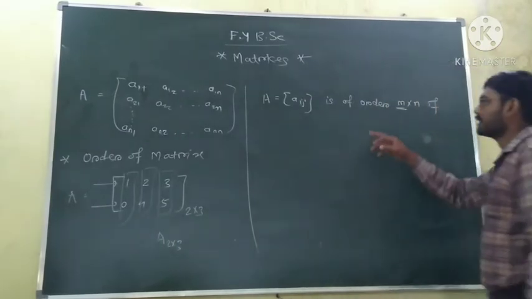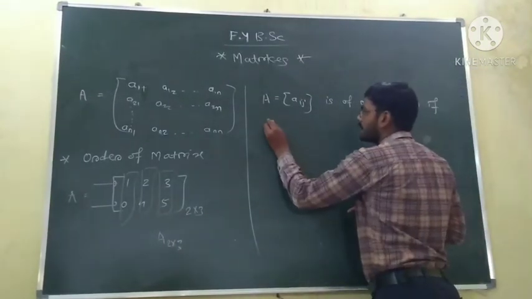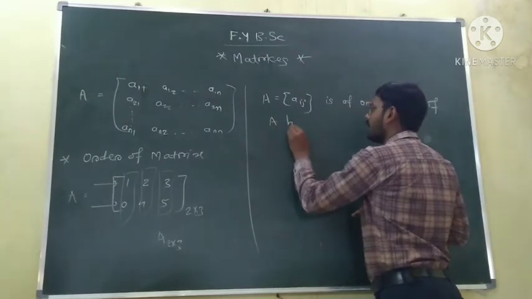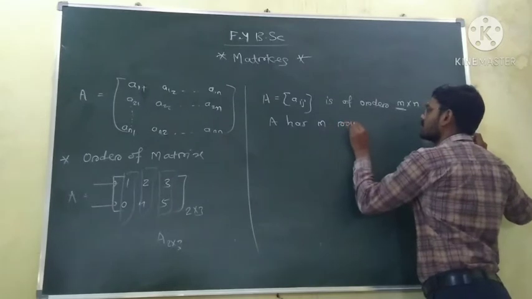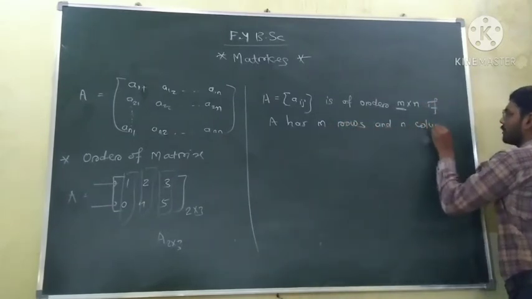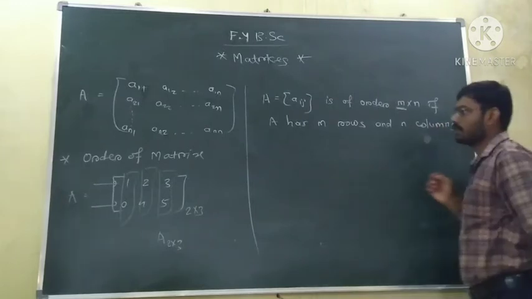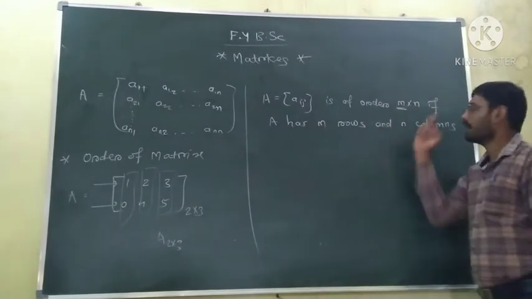So matrix A is of order m by n if matrix A has m rows and n columns.